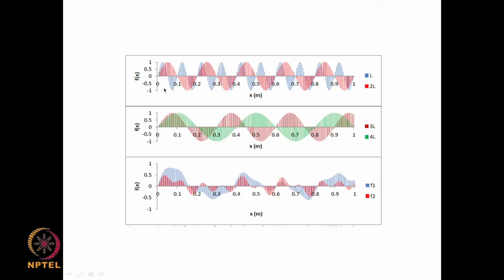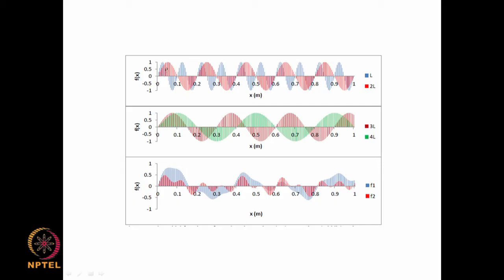For example, we are looking at an x domain here which is going from 0 to 1, and here we have a function f of x. Here we see different colors. This blue color is a sinusoidal wave like this, and it has a certain wavelength which is roughly 0.1 here, okay.